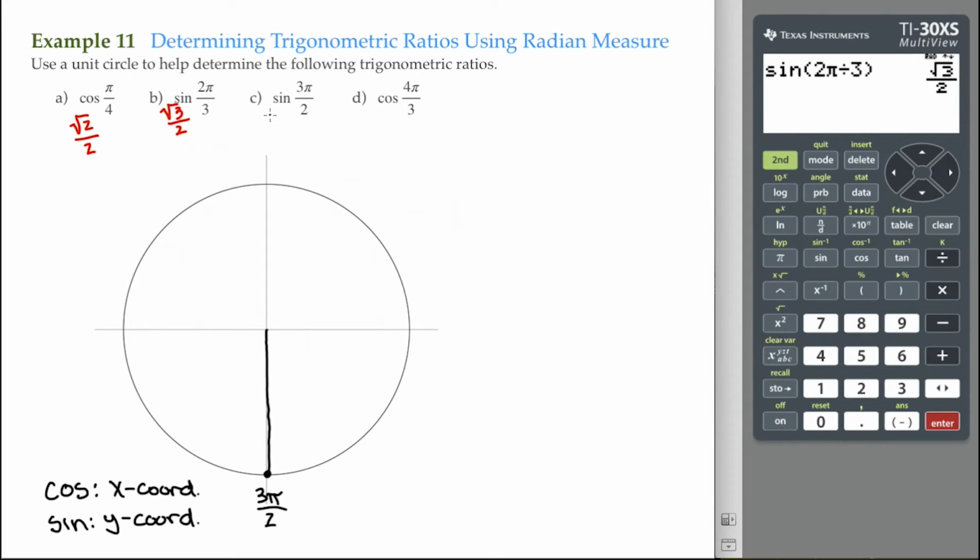Sine is the y-coordinate. That's negative 1. It's coming down. Don't forget, we're looking for coordinates here. So I go back to my calculator. I type in the sine of 3 pi over 2. And there it is.